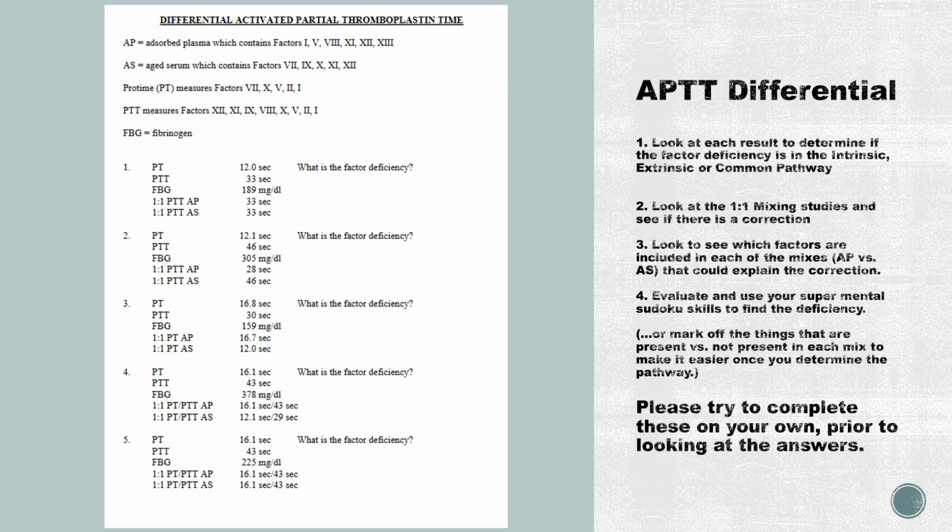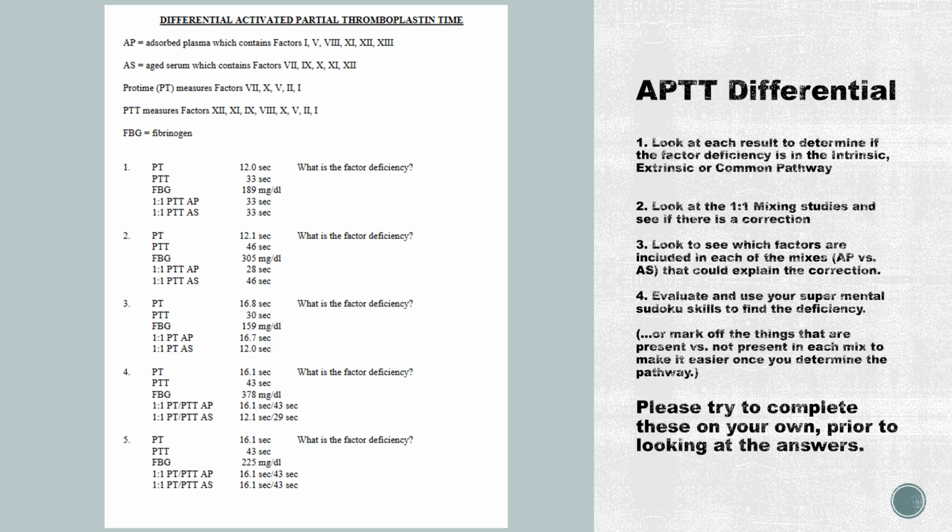Normally we would run a PTT with just our plasma or our serum so that we'd have a comparison. This is kind of an antiquated way of doing it, but you get the idea. The PTT with the aged serum is the same as the patient PTT before the mixed study.